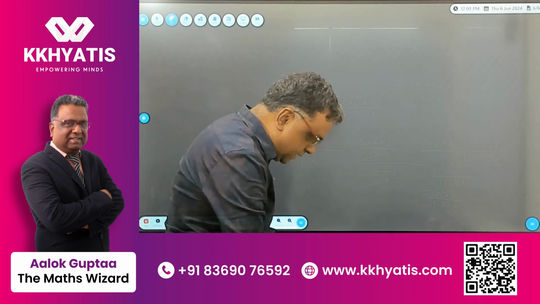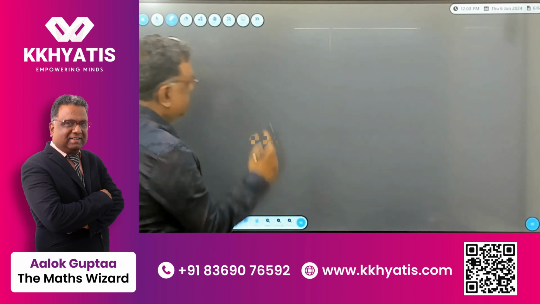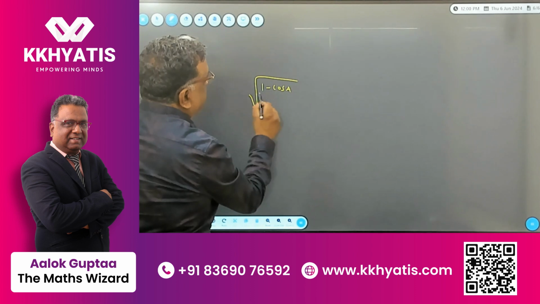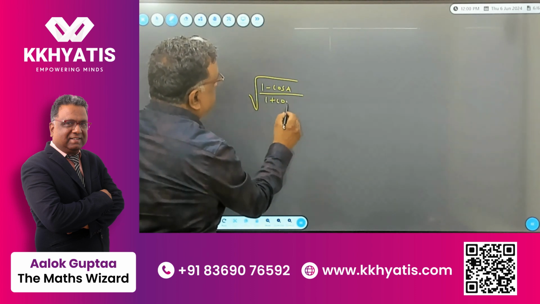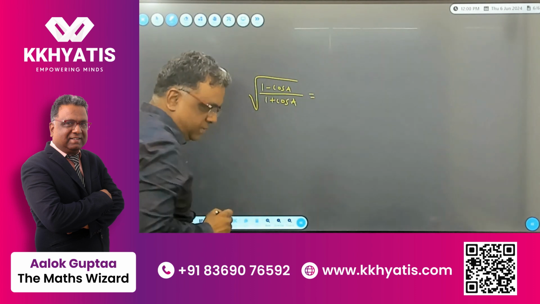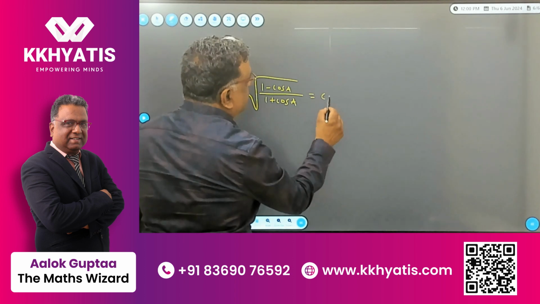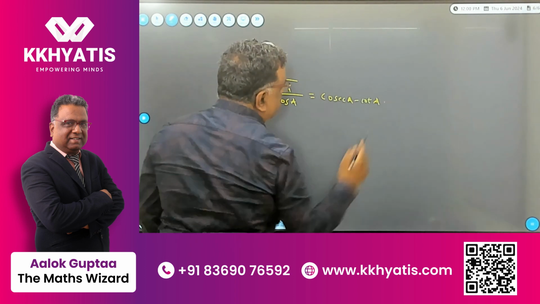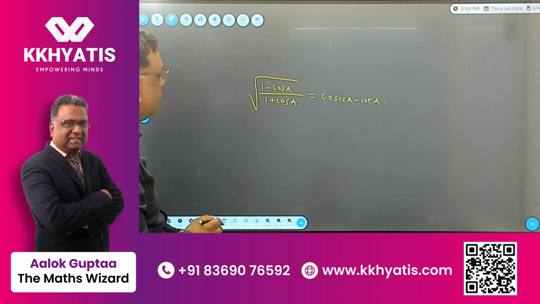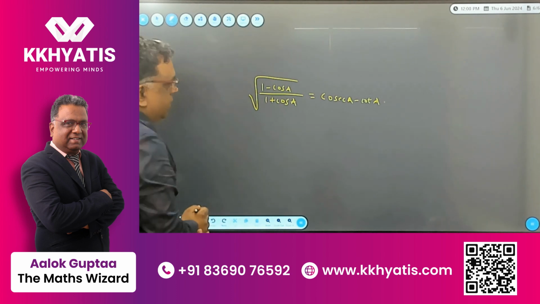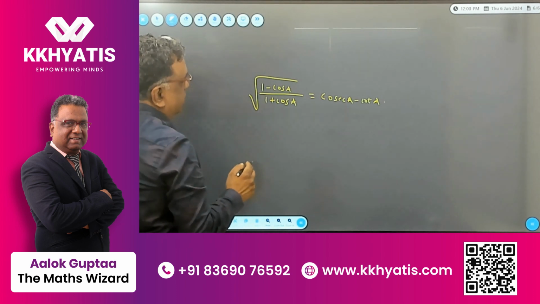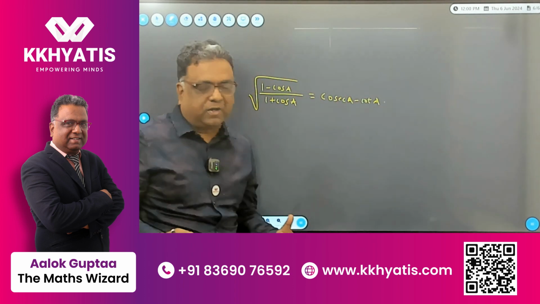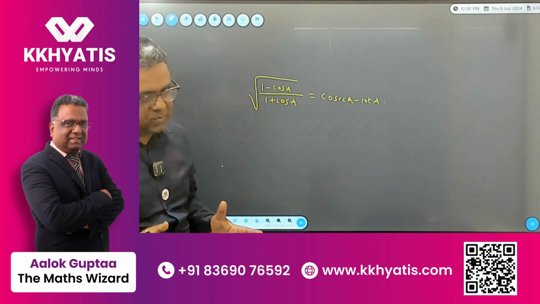Okay, let's take another sum. Let's take this one. We have to prove root of (1 minus cos A upon 1 plus cos A) is equal to cosec A minus cot A. Now in the left hand side we have a square root, in the right hand side we don't have the square root, which means we'll have to address the square root.